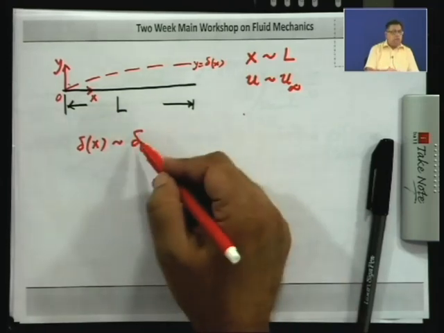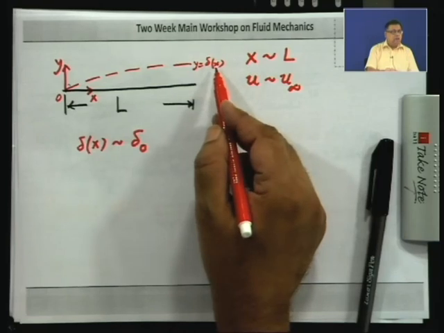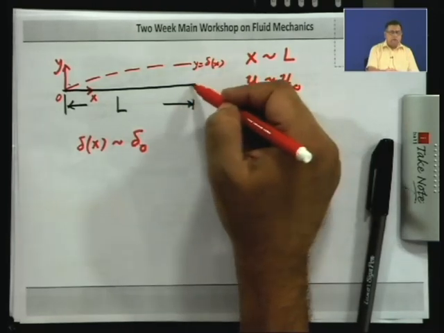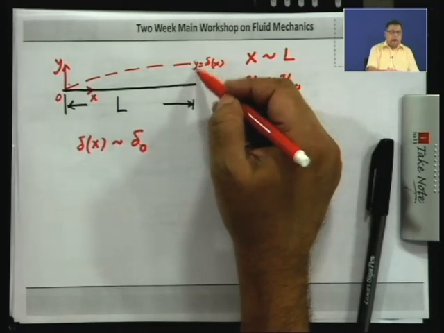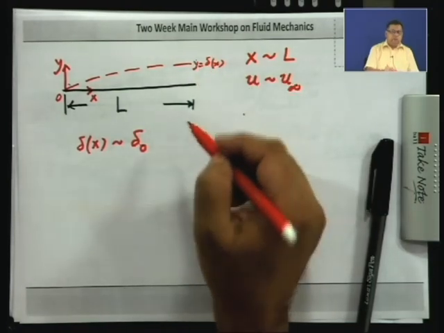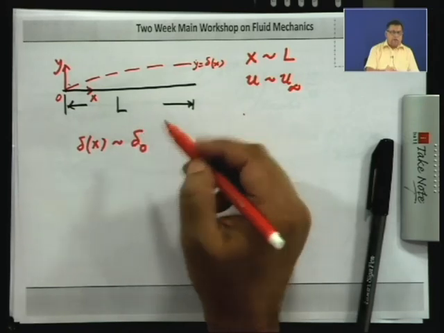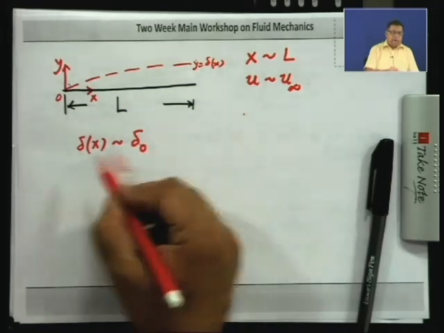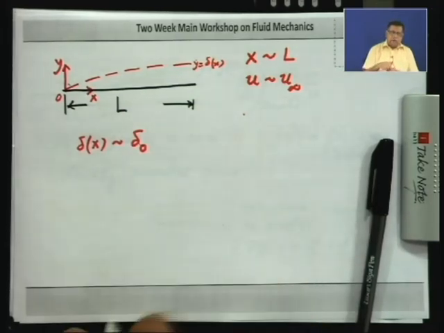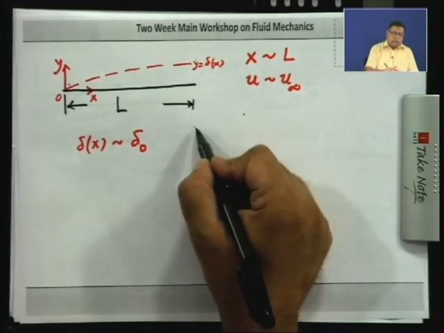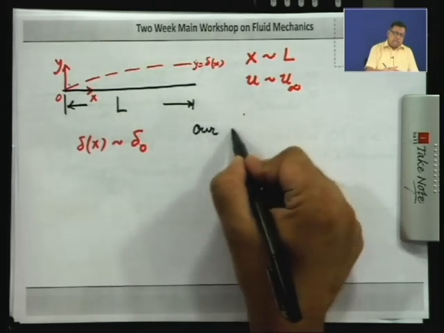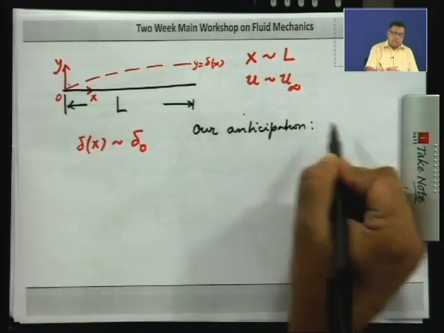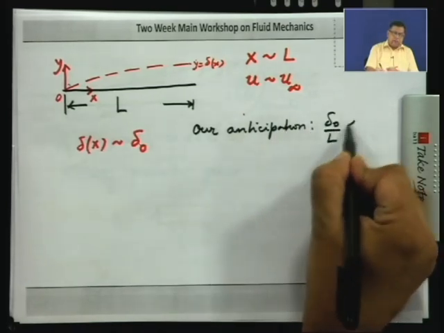You can take this to be the maximum value of delta x, something of the order of the delta at x equal to L. Now, without solving the equations, we want to estimate what is delta by L. We are anticipating that delta naught by L is much less than 1.